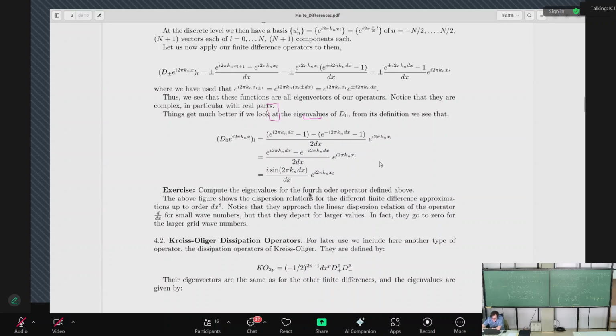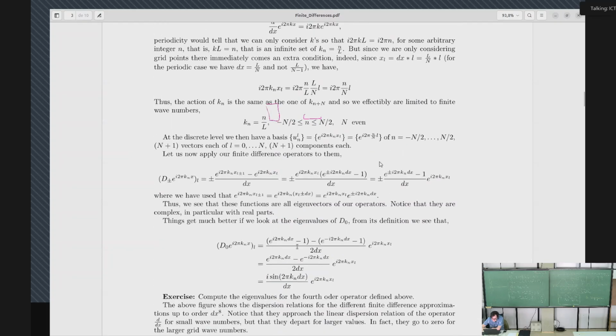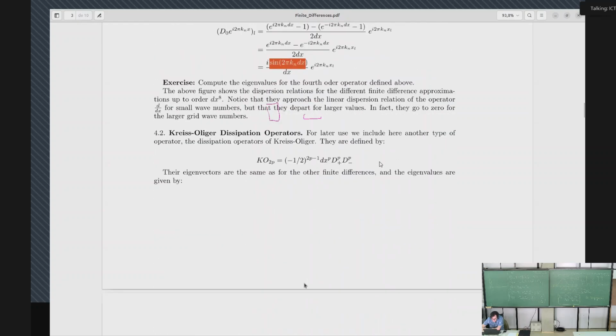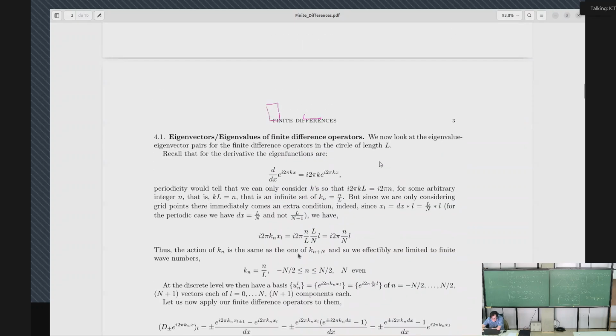Yes, okay. So what's going on here is that the eigenvalues here have this relationship with the wave number, the k value. So here we will have the eigenvalue and here we will have the wave number. And what we expect is this relationship here, 2 pi k.